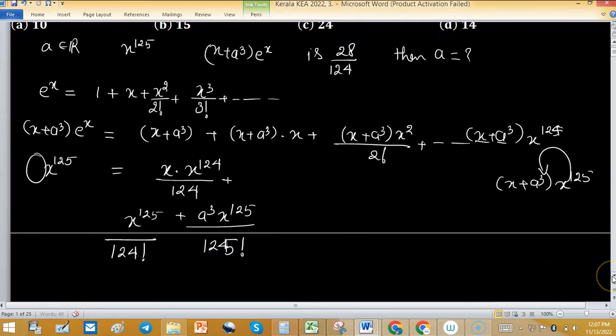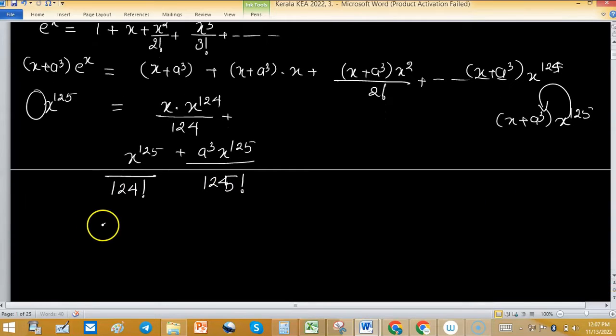It is given that the coefficient, how to find the coefficient: we can write factorial 125 as 125 into 124 factorial.